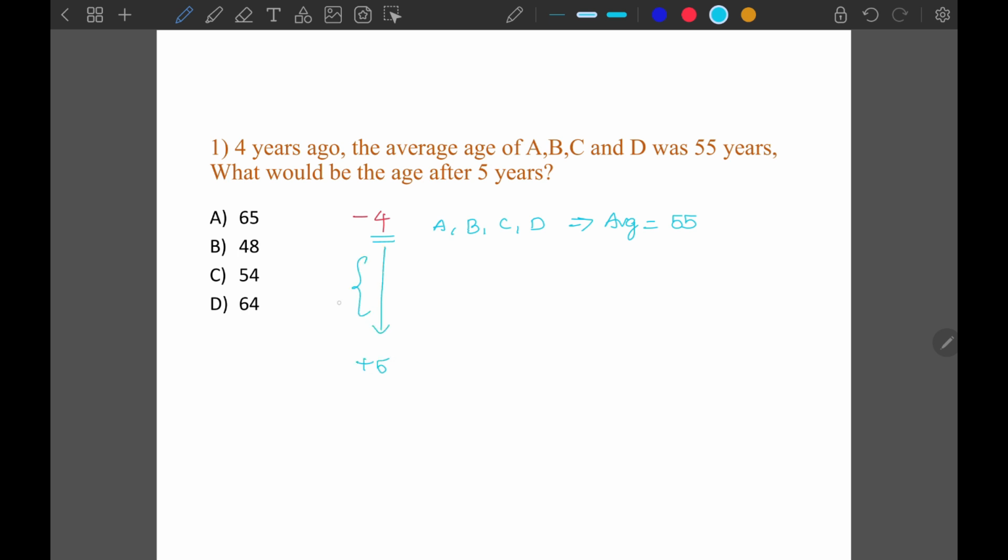What is the difference? It is 9 years difference, right? So in these 9 years, every person will be added plus 9 years to their age, right? So, since each observation has been added with plus 9, the mean should also be added with plus 9. So the mean should be 64.